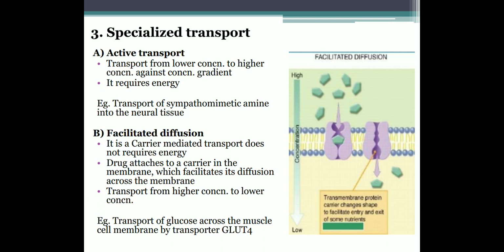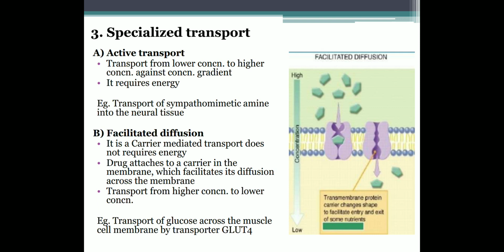Second, facilitated diffusion. It is a carrier mediated transport and does not require energy. The drug attaches to a carrier in the membrane which facilitates its diffusion across the membrane. Transport is from higher concentration to lower concentration.